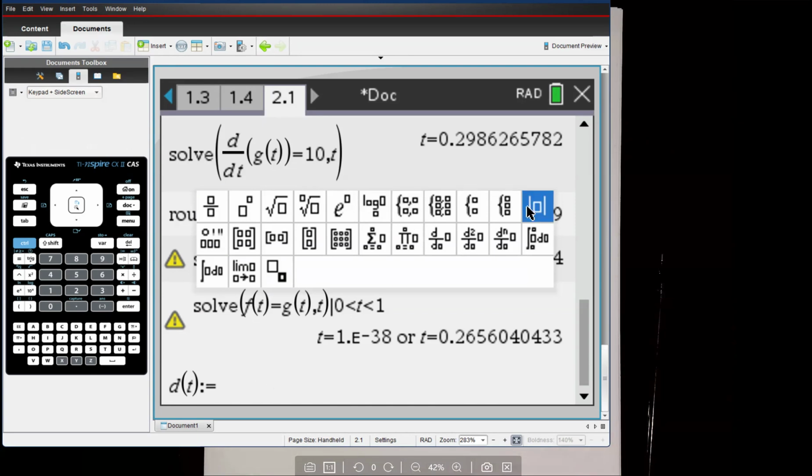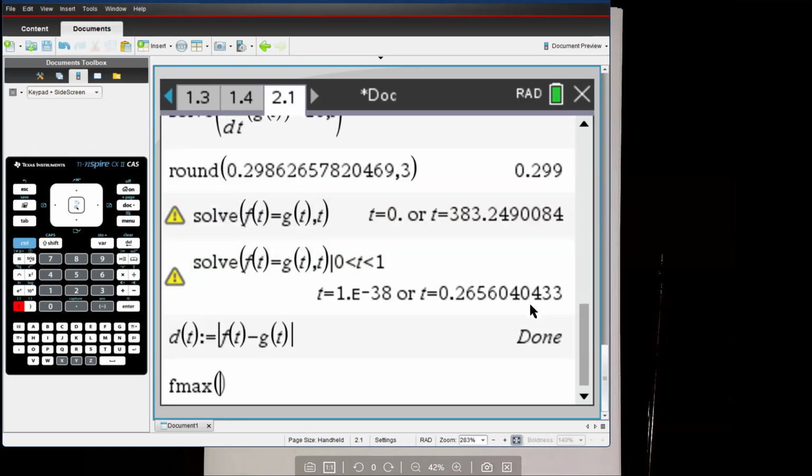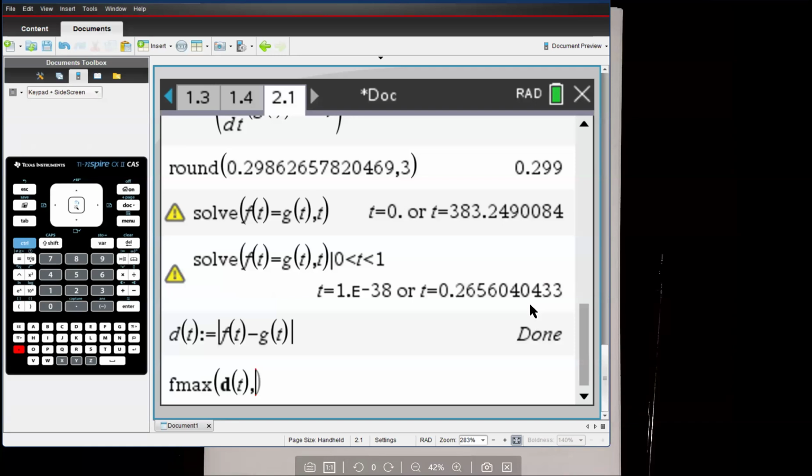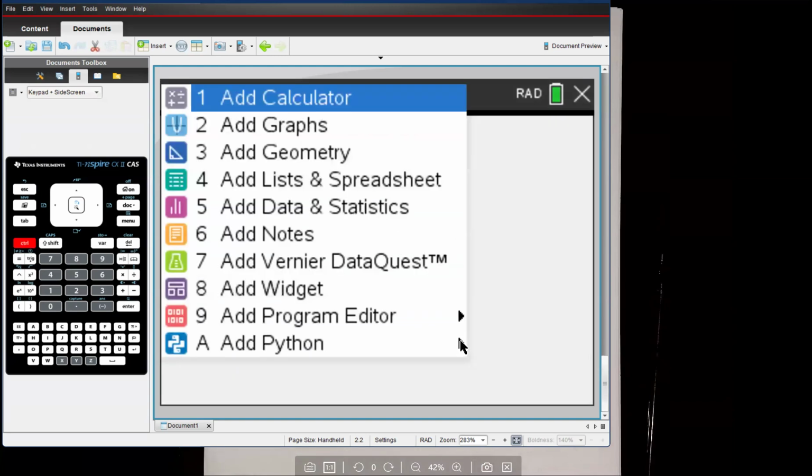So using the absolute value will avoid this issue. Absolute f t minus g t, and then I use fMax, d of t, comma t, between 0 and 1. So you get t equals, for example, 1/3, okay? 0.3333, etc.